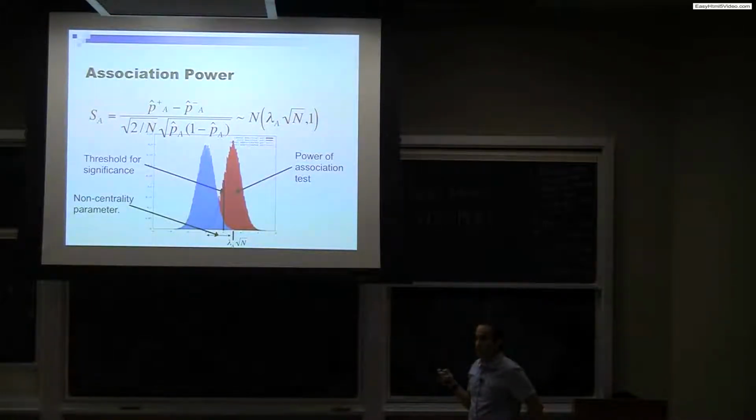That means that if these two are not equal, and I do the same study with n individuals 1,000,000 times and look at the distribution of my statistic, that statistic is going to follow this red distribution.